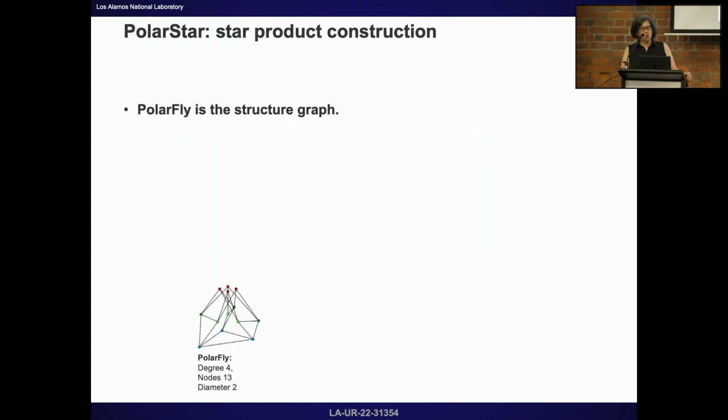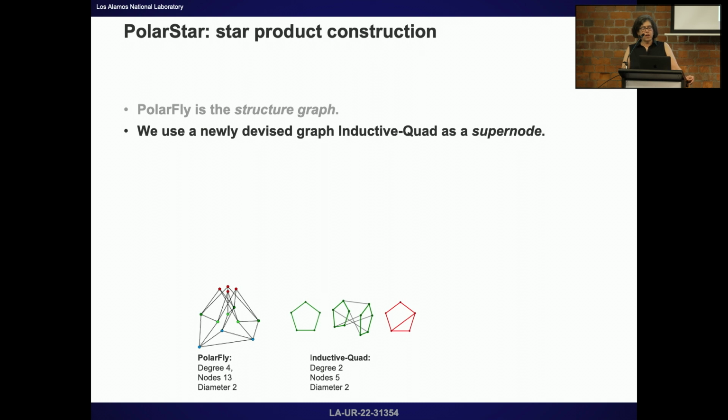So start with Polarfly as the structure graph, and this is a really simple Polarfly. It's only degree 4, but it's easier to look at. Okay, here's a newly devised graph. This particular one is a Paley, but we have other newly devised graphs, inductive quads, we call them, as supernodes.